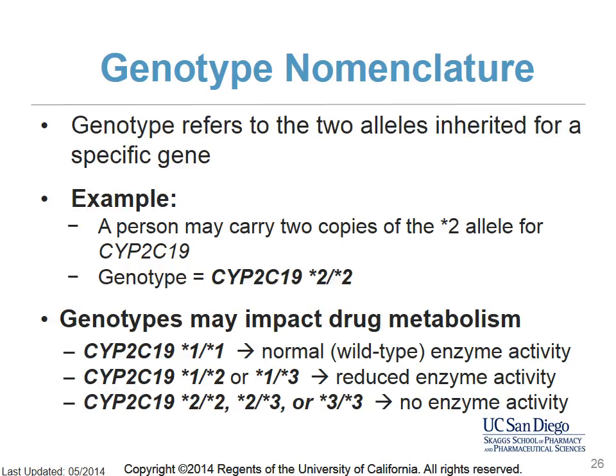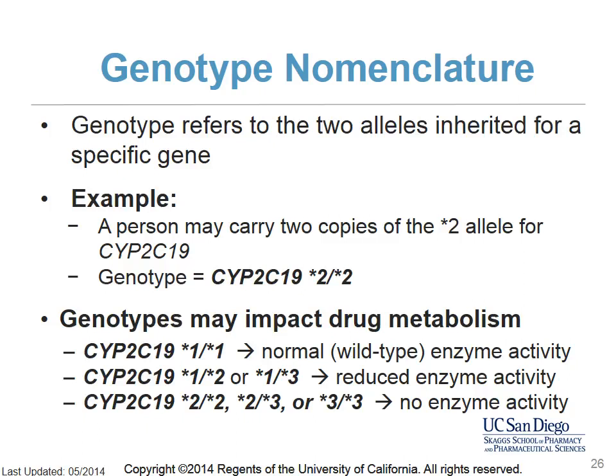A person's genotype may predict the level of enzyme activity in their cells. A person with a genotype CYP2C19 star 1 star 1 is likely to have normal levels of enzyme activity. However, the genotype CYP2C19 star 1 star 2 or star 1 star 3 is likely to have reduced enzyme activity.